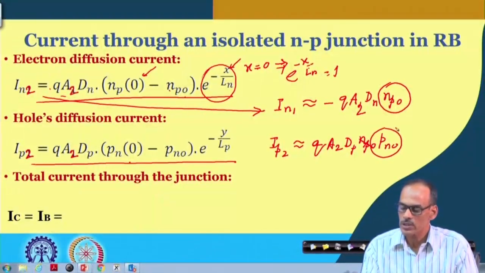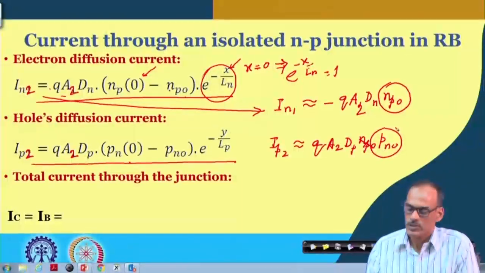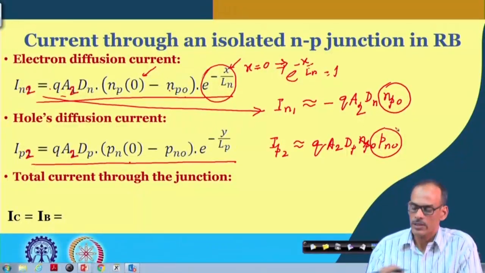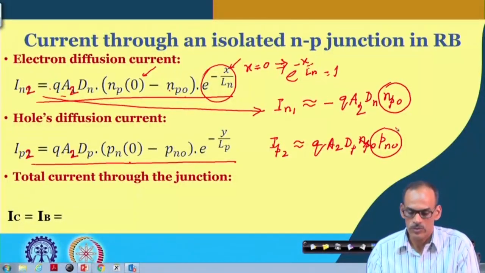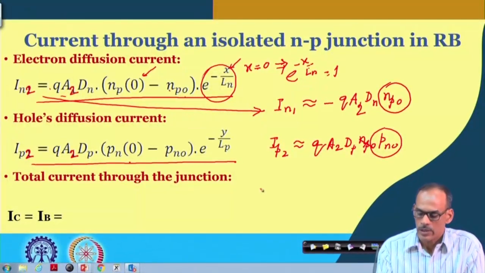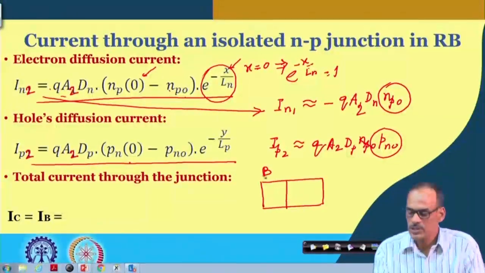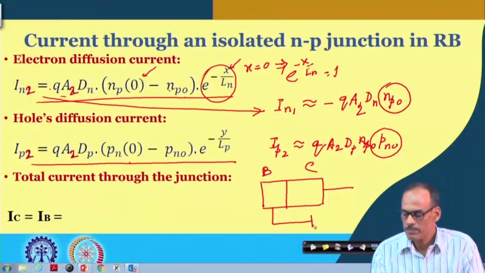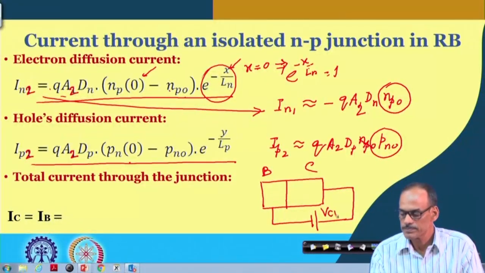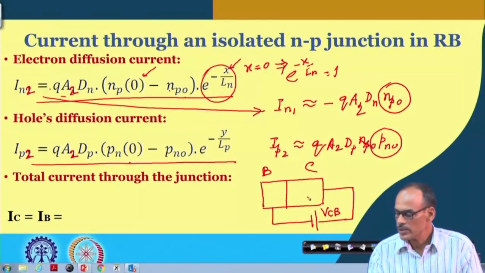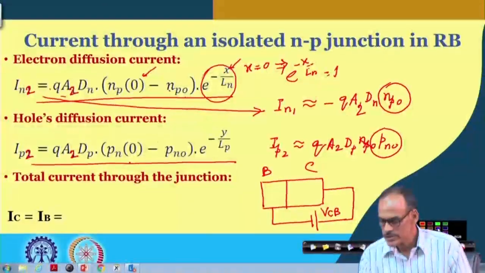It depends on the donor and acceptor concentration in the collector and the base region, which you have to keep in mind. And if you see the whole device, this is the base region, this is the collector region, and here we are applying V C B. So, the current is actually flowing in this direction.